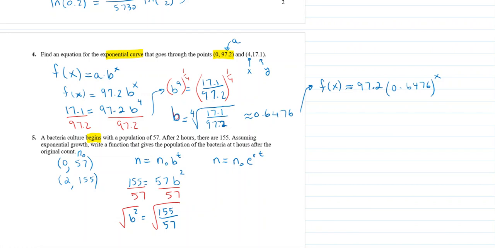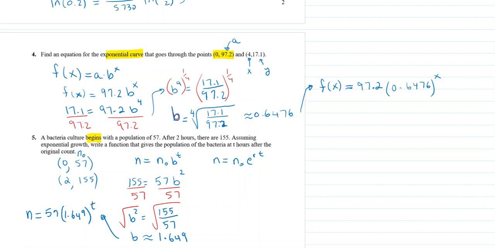So that gives us b is approximately whatever that square root is, about 1.649. So I'm going to move over here because I want to reserve the spot here for the other type of function. Then our function is n equals n sub 0, which is 57, times 1.649 to the power t.